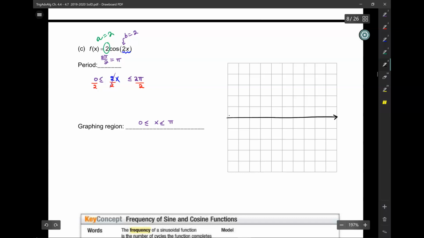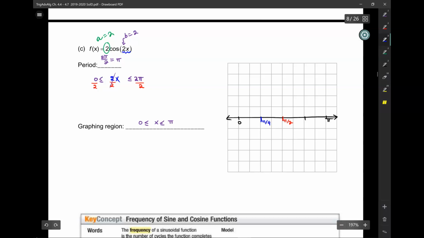X-axis, 0, 1, 2, 3, 4, pi. Okay, so halfway is pi over 2. What's that first point? 0. Pi over 4.